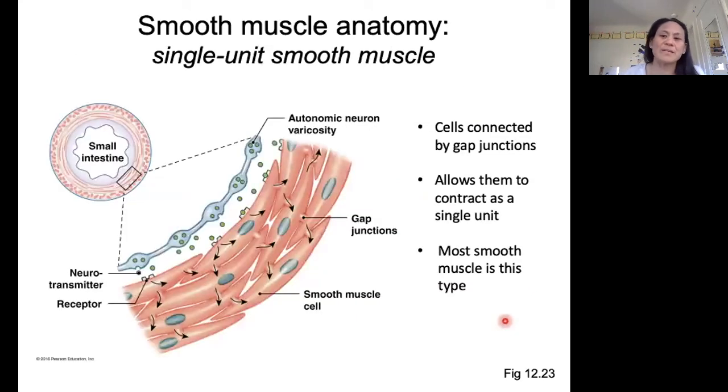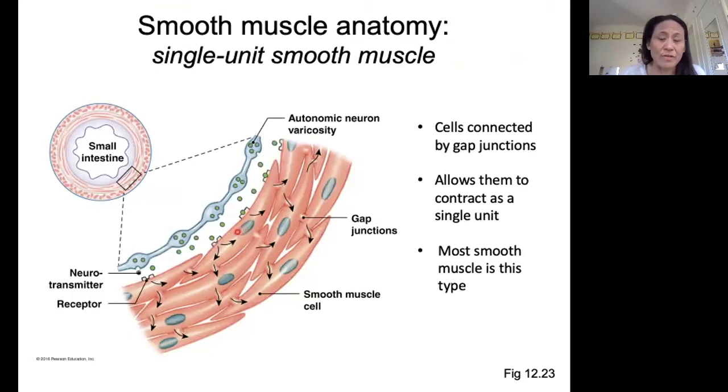Smooth muscle comes in two main configurations. The more common configuration is shown here. We call it single unit smooth muscle. We have single unit smooth muscle in the small intestine, as you can see in this figure. Okay. In single unit smooth muscle, we have individual cells. So the smooth muscle cells are individual cells with one nucleus.